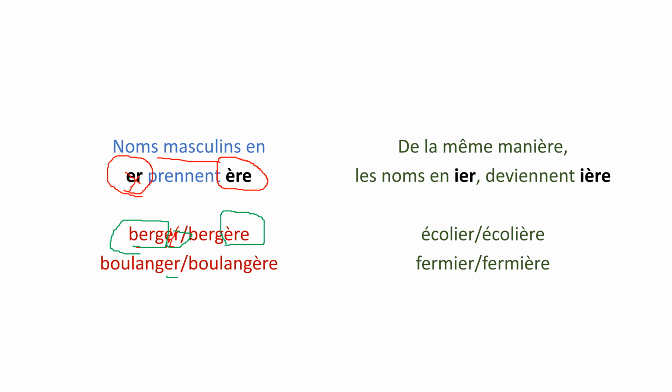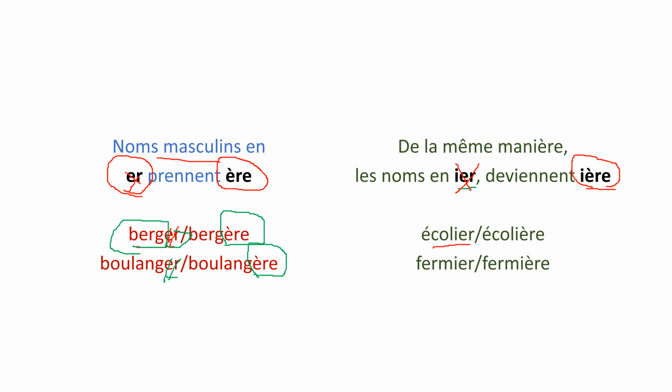And the same for boulanger. We eliminate the ER, and we go here. E accent grave RE. Now, similarly, for nouns ending in IER, we replace it altogether by IE accent grave RE. Here you go.